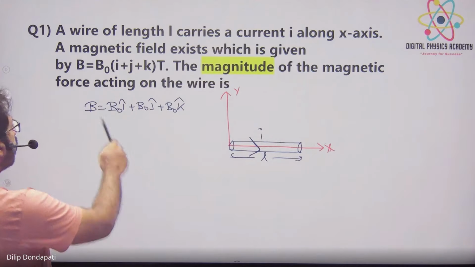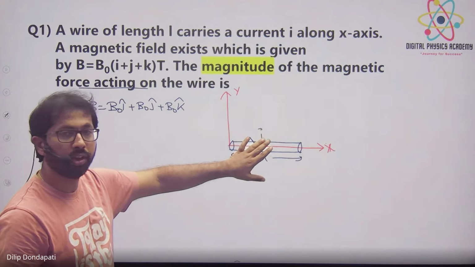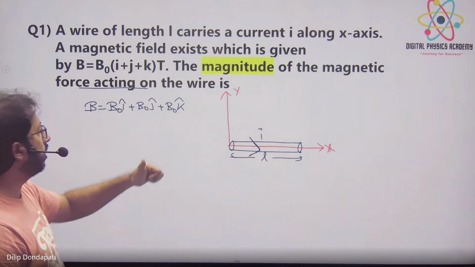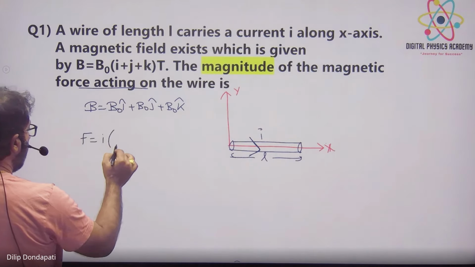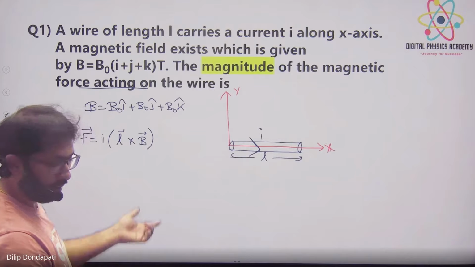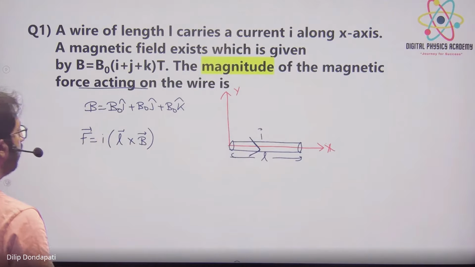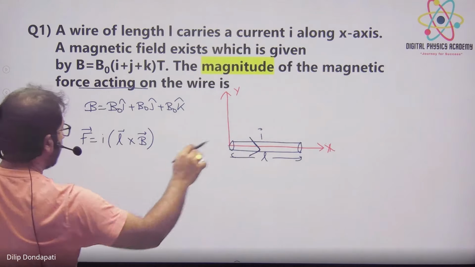The magnitude of force acting on the wire. Since there is a magnetic field and we place a current carrying wire, definitely there is a force. How much force is being asked? The force formula we know: I into L cross B. L vector, what did we take?